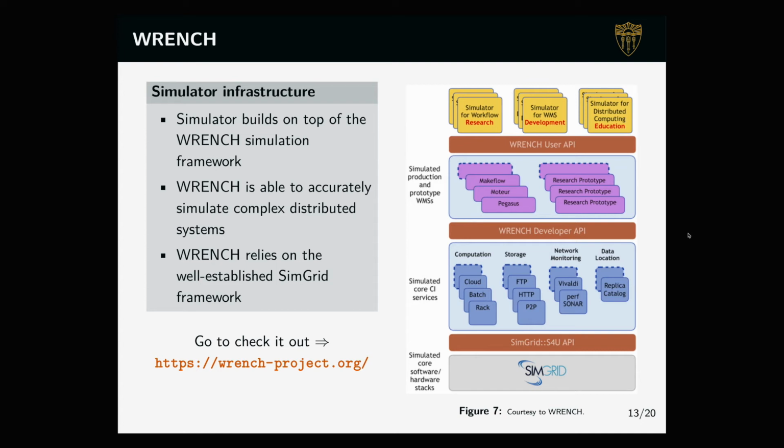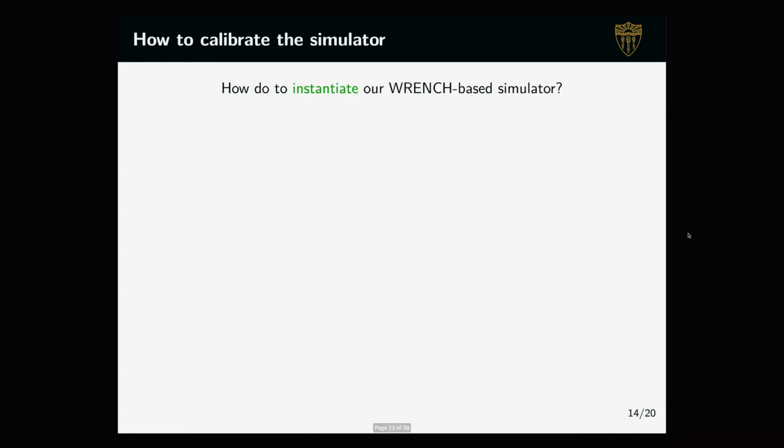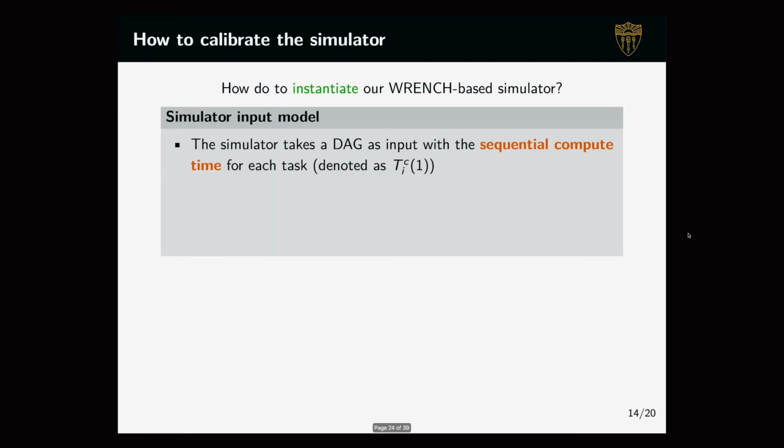It's under active development. So how do we calibrate the simulator, which is the main task if we want to have accurate results? The simulator takes as input the sequential compute time for each task. So you need to give the simulator a DAG, a graph that represents the workflow, and each task must be annotated with its sequential compute time.